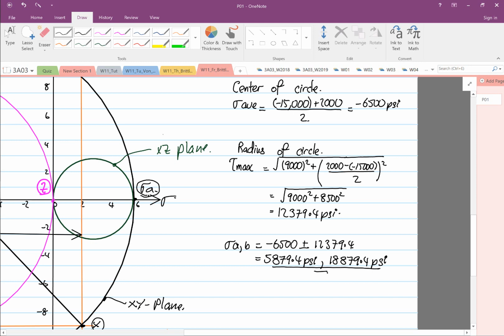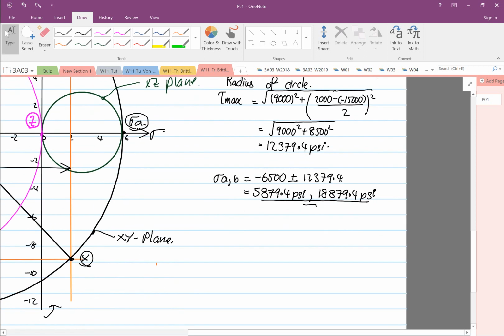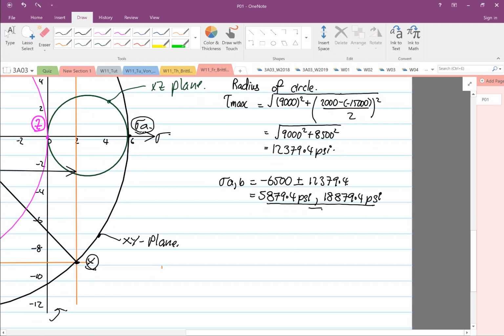So now we have to find where the structure fails. We want to know now. Okay, so we're going to use stress A. So stress A is equal to 5,879.4, and stress B is equal to minus 18,879.4.